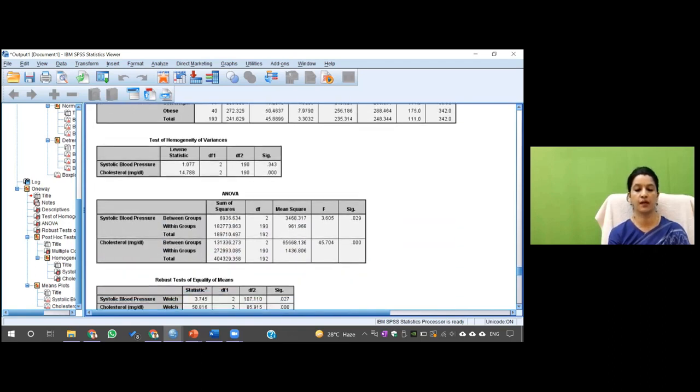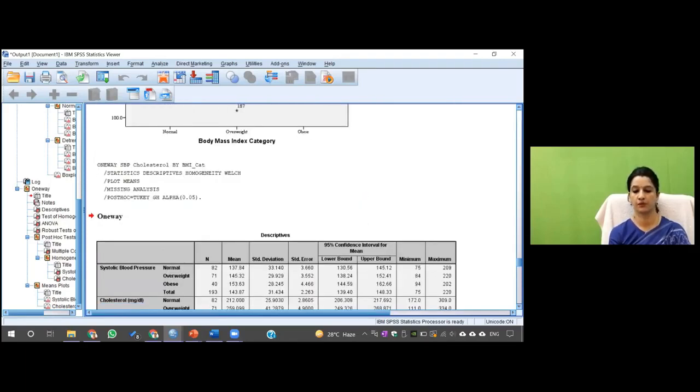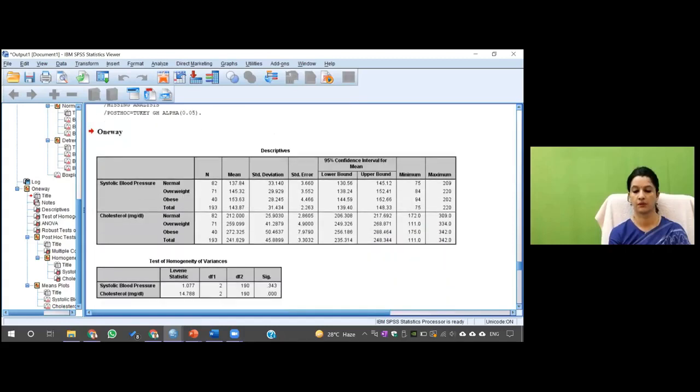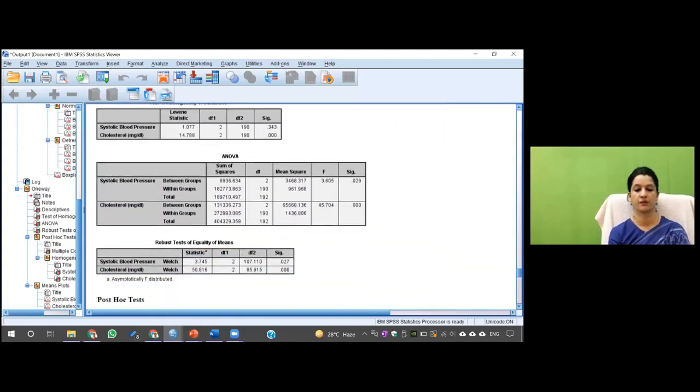So if you see the value of ANOVA, it tells this is significant. This is the F statistics. So this ANOVA is significant. Here also it is significant. Now we will see which to take.